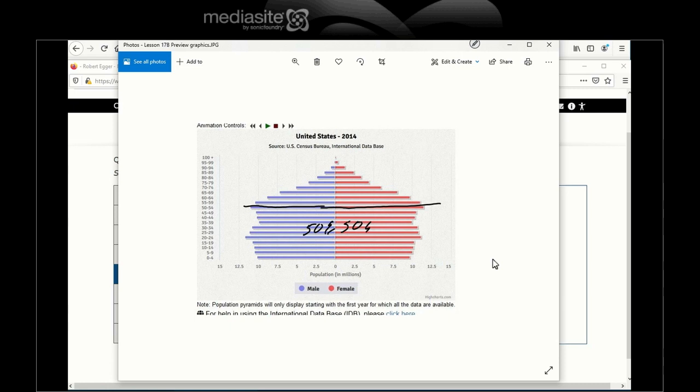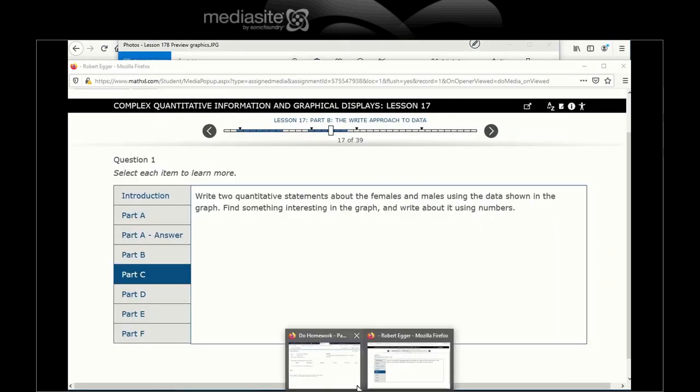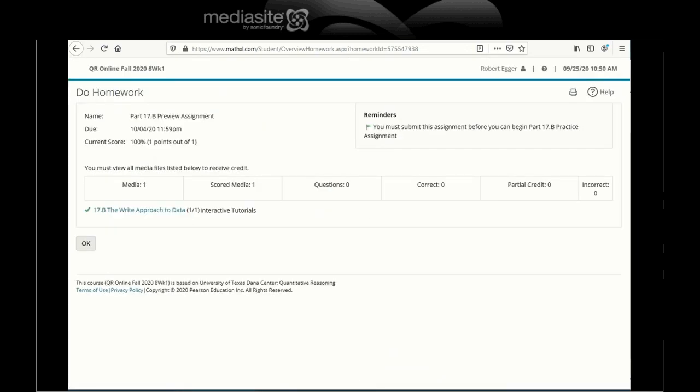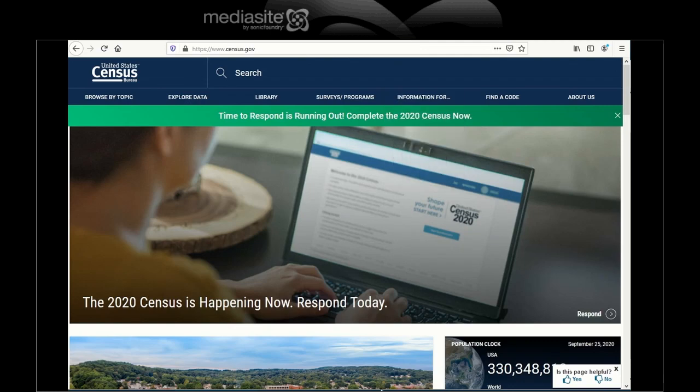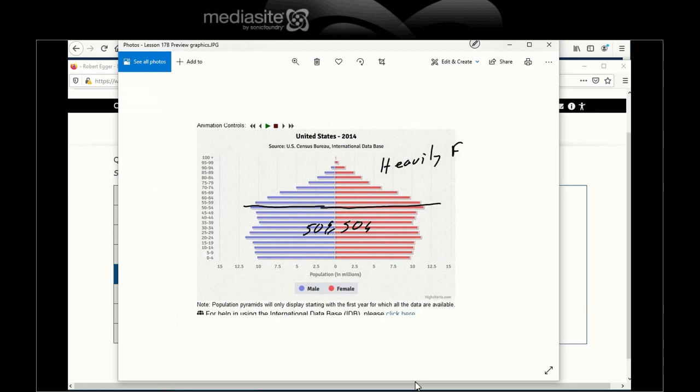In the upper years, it gets more heavily female. Or I lose something here. All right, more heavily female in older years.